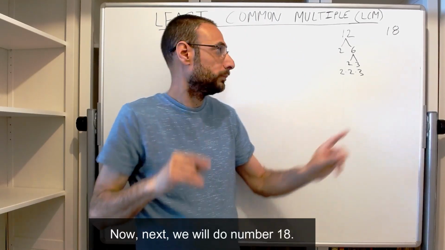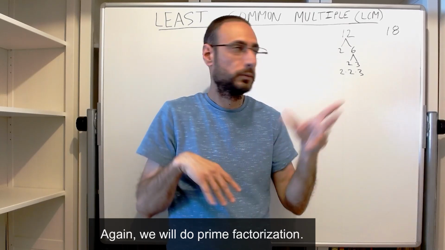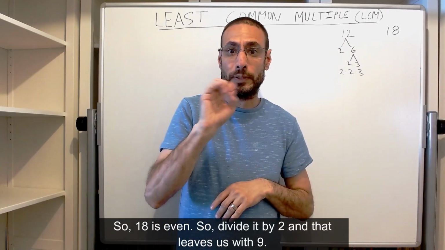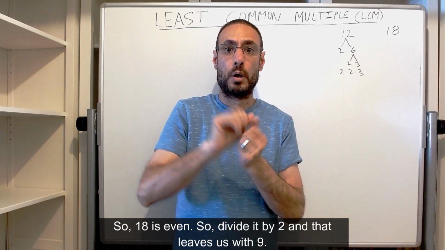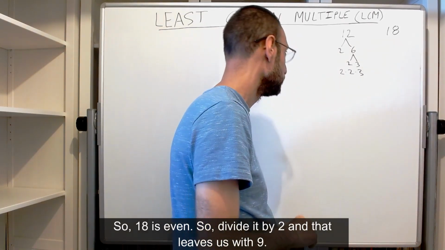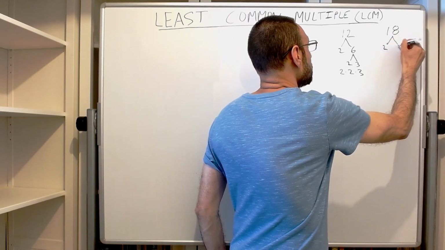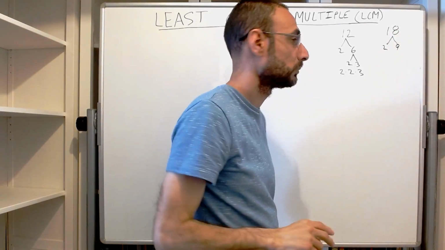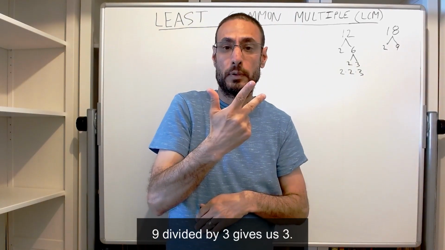Next, we will do number 18. Again, we will do prime factorization. 18 is even, so divide it by 2 and that leaves us with 9. Nine divided by 3 gives us 3.